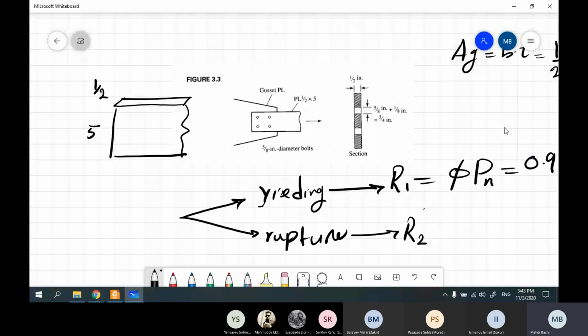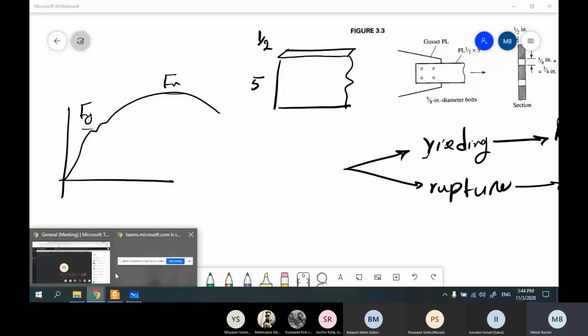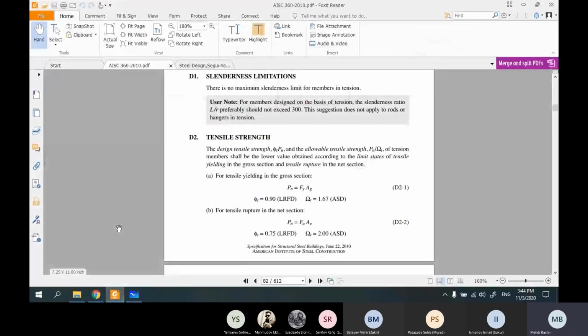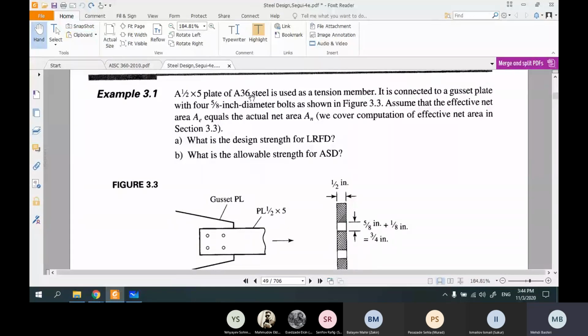What about Fy? If you remember, I told you that we have to perform tests to obtain this curve. Fy and Fu are given, so we have to check the question to see how much Fy is. Here it says the steel type is A36.